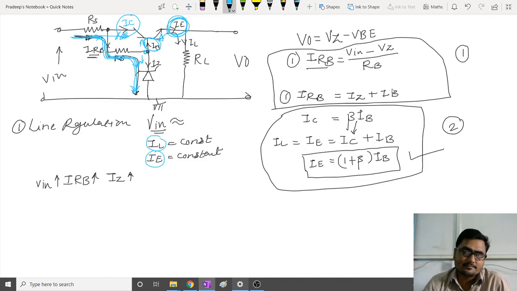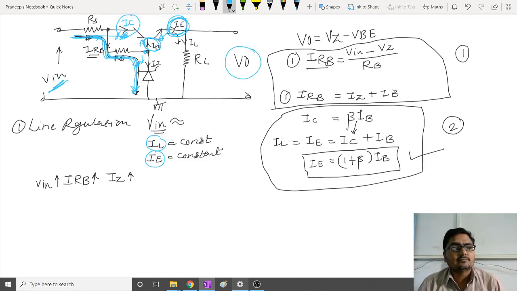The transistor. The transistor is responsible for pushing all the extra current through the Zener diode, and that's why we say the transistor is an important and active element. This is how, even if there is a change in input voltage, the output voltage is constant.